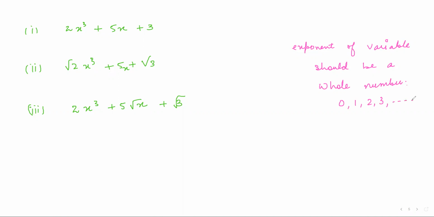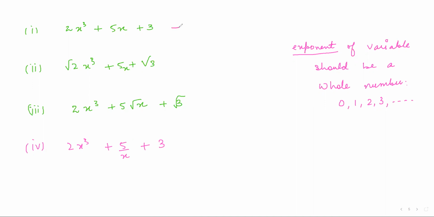These are whole numbers, right? So the exponent, meaning power, we have done in the previous chapter. The powers of x should be whole numbers only. They should not be negative. Even in a fourth example, let's say I take 4x cubed plus 5 upon x and plus 3.